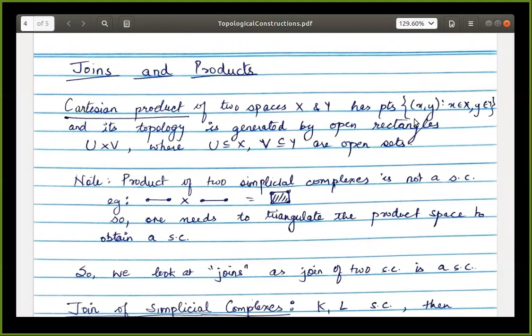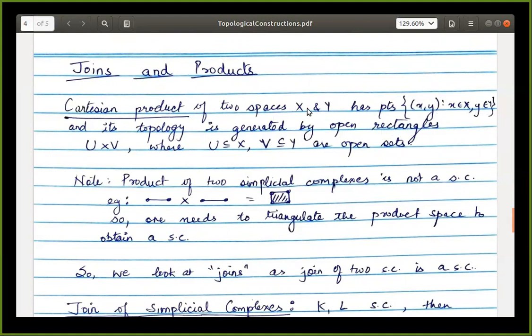Now we move to joins and products. Products are not really very interesting, but just for the sake, let's see. The Cartesian product of two spaces X and Y has as its point set the pairs (x, y), the usual Cartesian product of two sets. And the topology of X cross Y is generated by open rectangles.